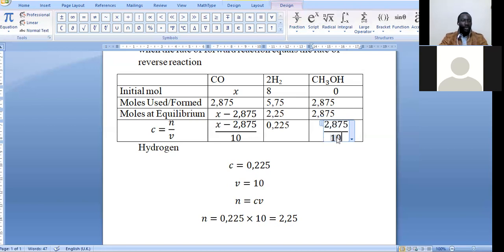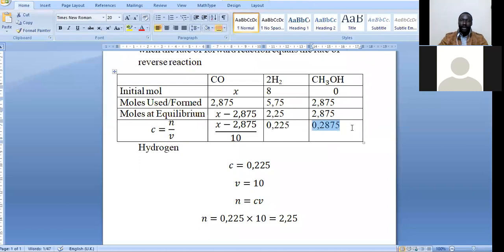Well, let me check with my calculator here. So this is 2.875 that we have to divide by 10. Yeah, I get 0.2875. So instead of writing this calculation, we just write the actual value. We don't need to put this now. This is going to be 0.2875. Yeah, that's what we have got.